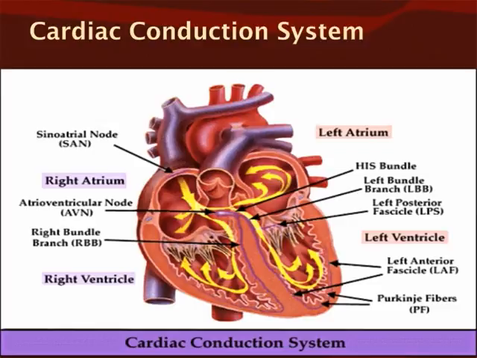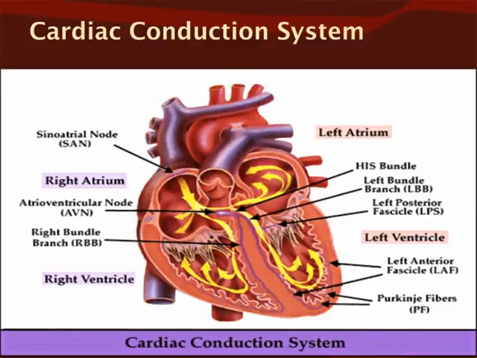There it slows down for just a moment to allow the atria to completely fill with blood, and we'll talk about blood flow in another podcast. And then the impulse will continue down through the bundle of His.